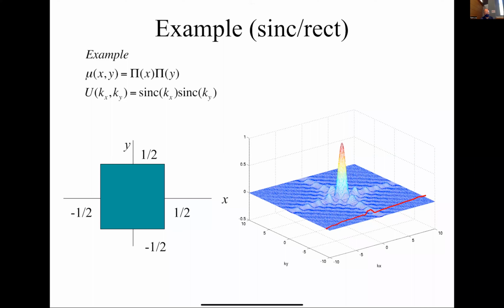Then on the next repetition, maybe we acquire this line, and then this line. Similar to CT, where we did different projections, here we're acquiring different lines of K-space, and at the center we acquire the big data.